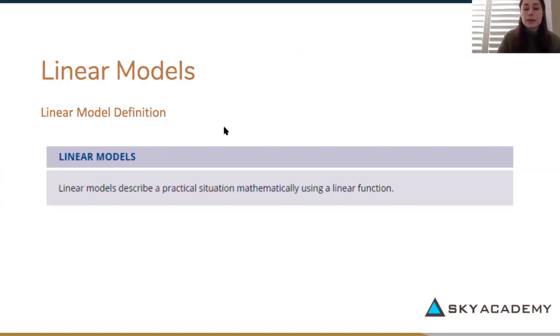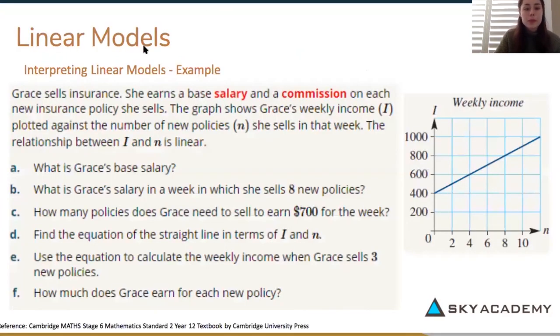So here is a linear model. As you can see, it uses the top quadrant of a number plane because if we are using real life examples, and just say down here, this is our number plane, and we have negative values like -1.